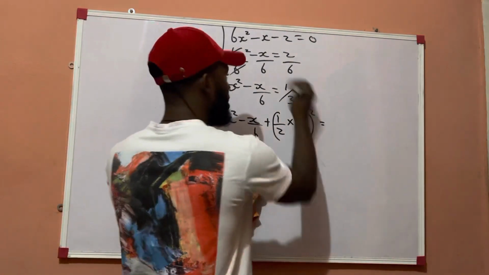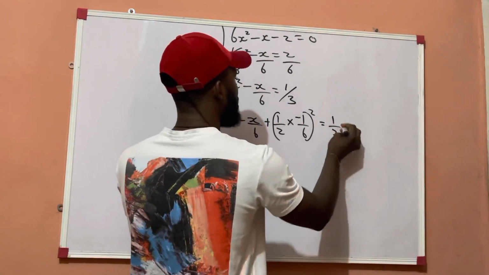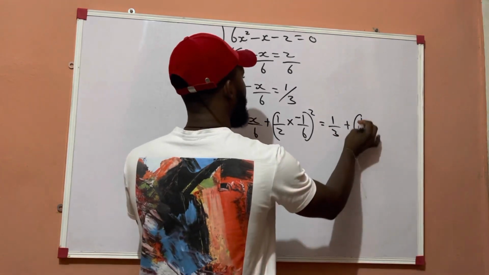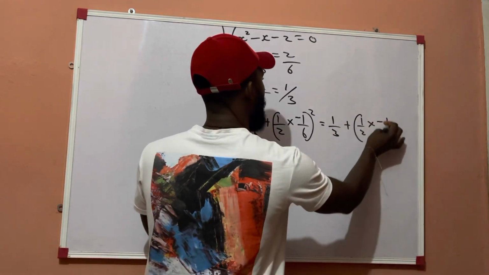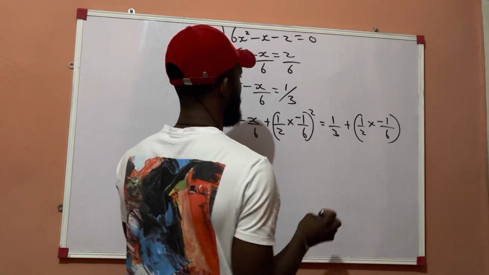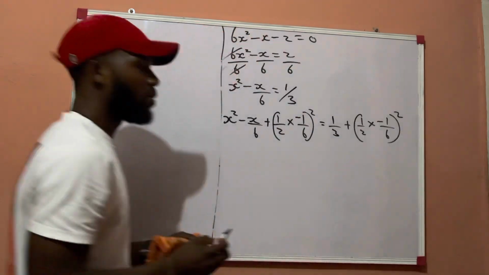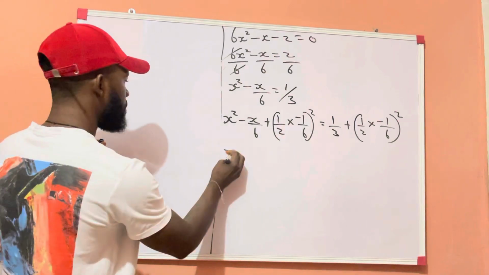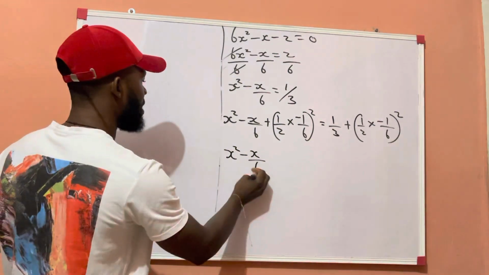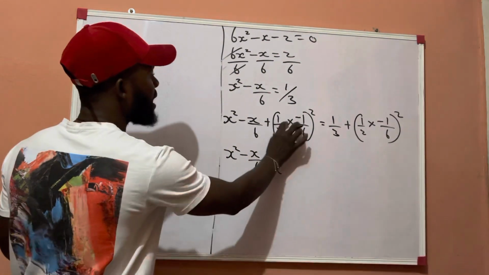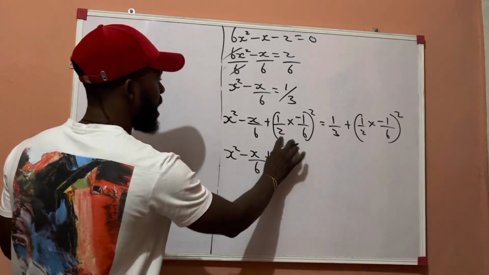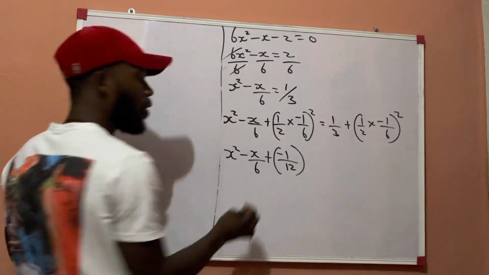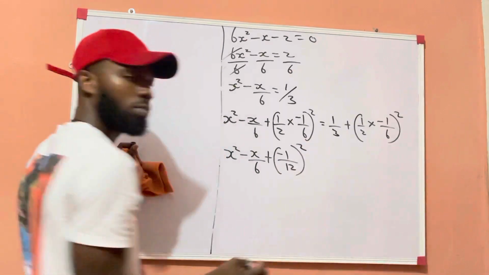Equal to, the same thing happens here, 1 over 3 plus the bracket of 1 over 2 times minus 1 over 6, raised to the power of 2. Now let us proceed. Here becomes x squared minus x over 6 plus 1 times minus 1 will give us minus 1, and 2 times 6 will give us 12, raised to the power of 2.